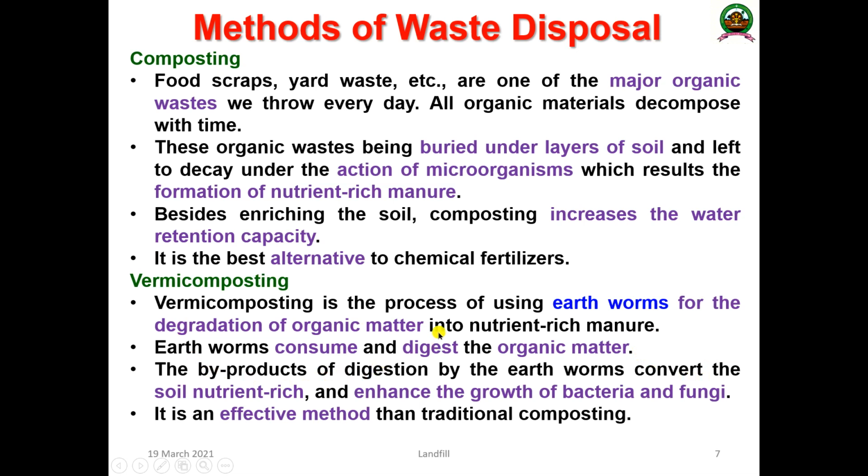These earthworms consume the organic material, digest it, and utilize these materials for their food, and the byproducts of this digestion convert the soil to be nutrient rich, which enhances the growth of bacteria and fungi, and that is known as compost. It is a more effective method than traditional composting or application of fertilizers. Generally, it is the best method. The quantity is also good, and in comparison with traditional composting, vermicomposting is very, very important and one of the best methods.